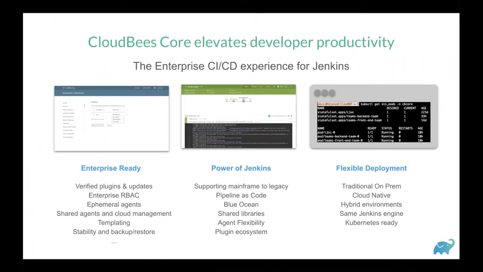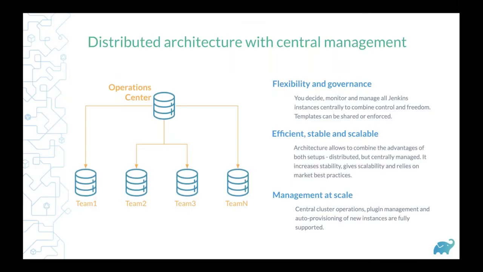To not lock them in, to be sure that you do not reproduce this famous Jenkins-style environment, so you can really scale and provide them one environment per team, and you can move them easily. Those are flexible deployments, with all the power of Jenkins. We are building CloudBees Core on Jenkins LTS, which is maintained by the community, and we are adding these additional features on top of it.